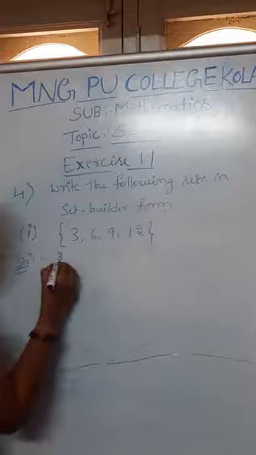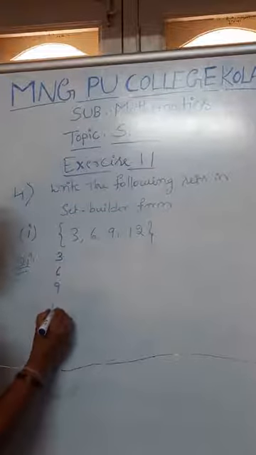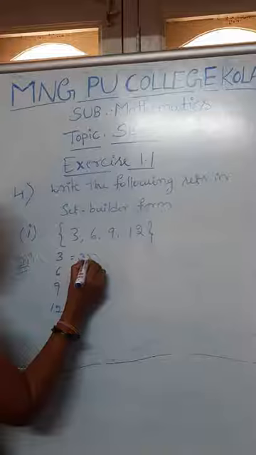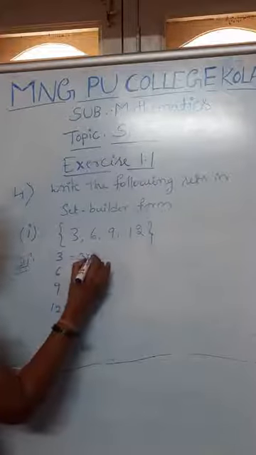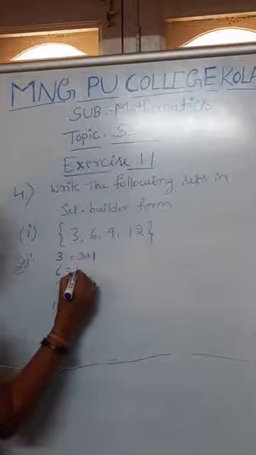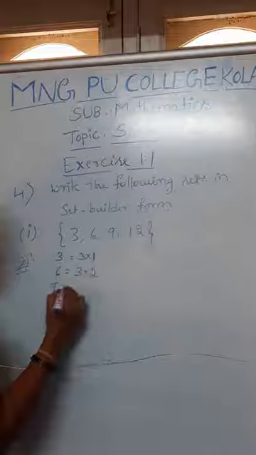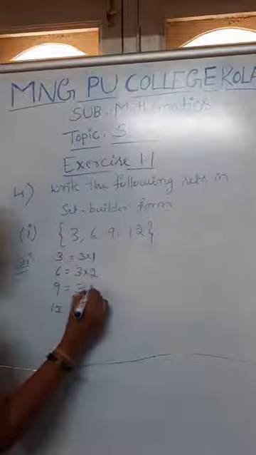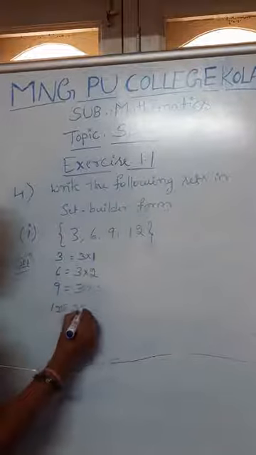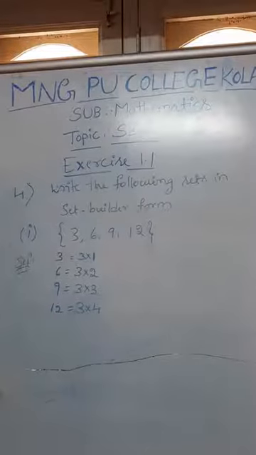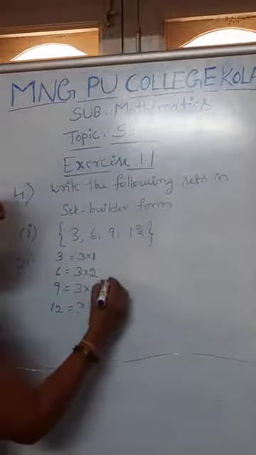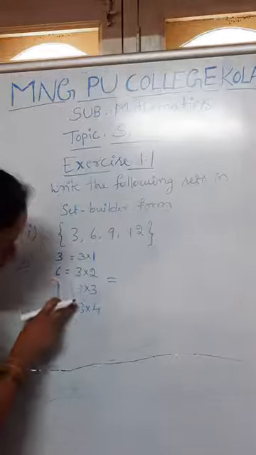Take first, list the elements 3, 6, 9, 12. So here 3 is the common factor.